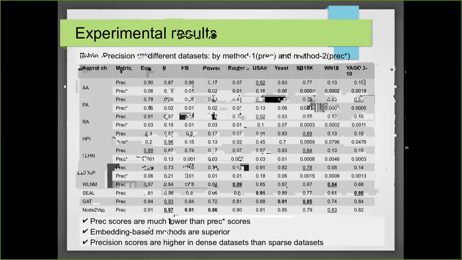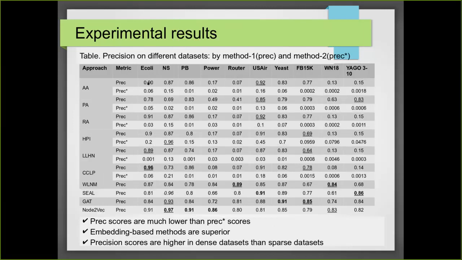So computing the precision. The first line is the precision computed by method 1, and the second line is the precision scores by method 2.